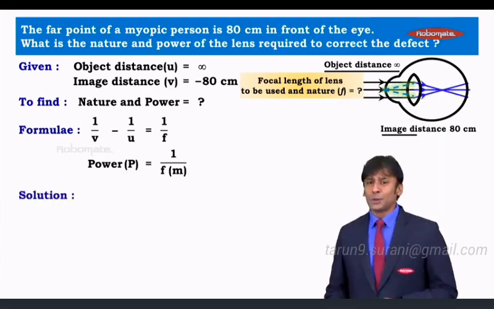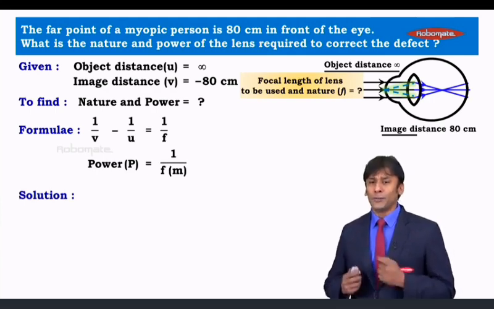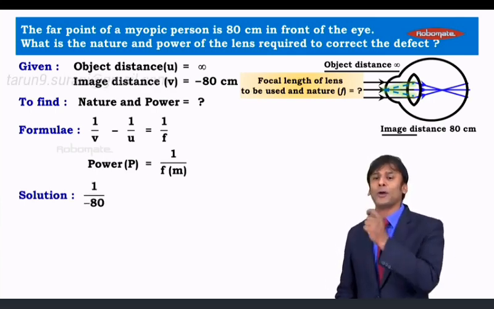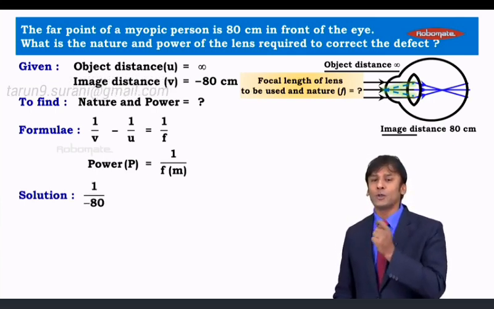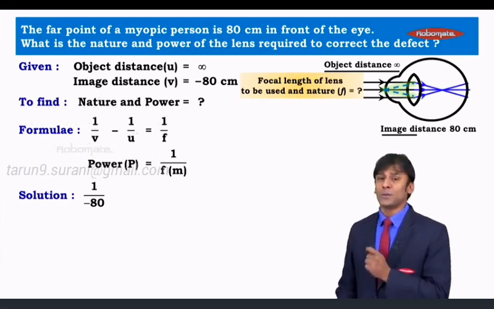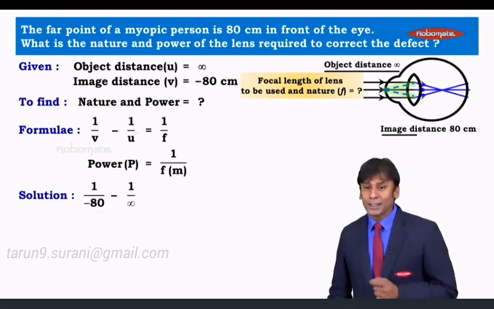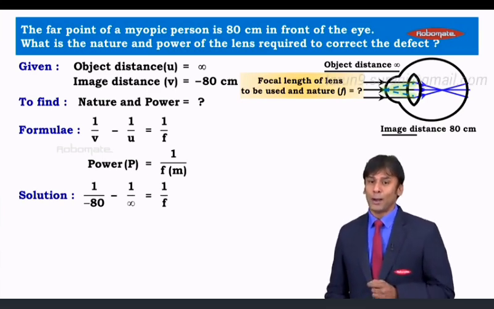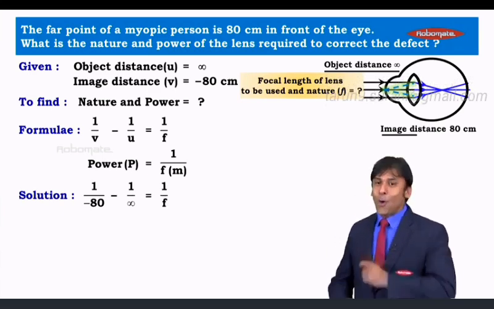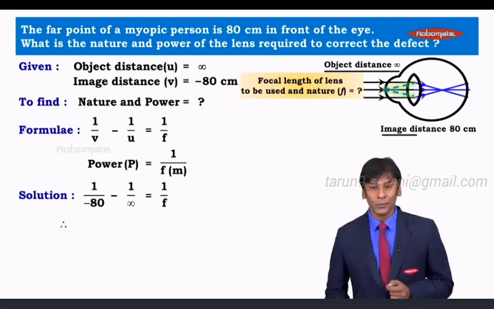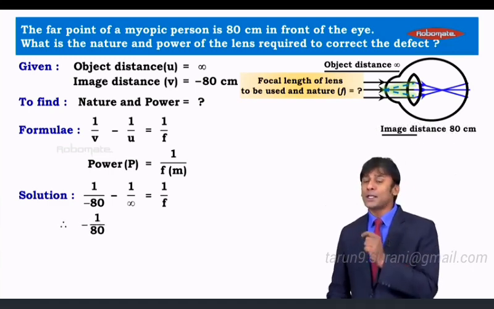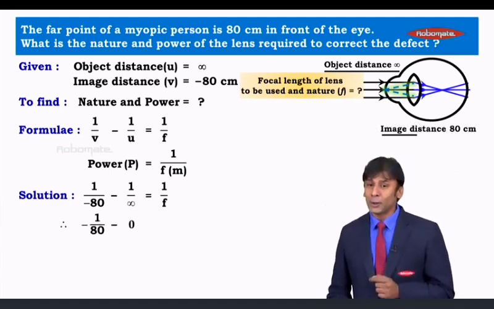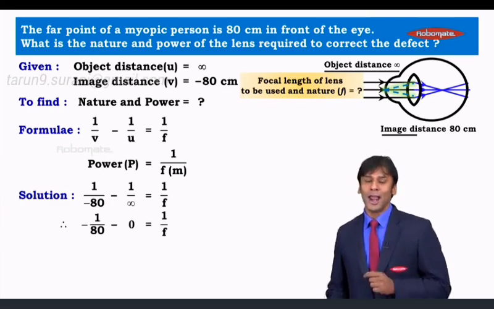Now let's go to the solution and put the values in the formula. 1 upon v minus 1 upon u is equal to 1 upon f. v is minus 80, so it will be 1 upon minus 80 minus 1 upon infinity is equal to 1 upon f. Now we know 1 upon infinity is 0, so this equation becomes minus 1 upon 80 minus 0 is equal to 1 upon f.